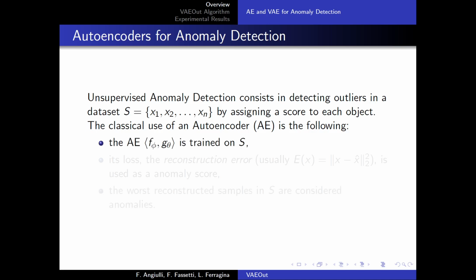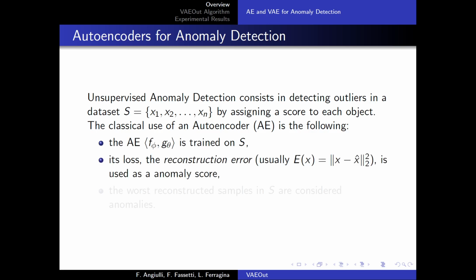First, the autoencoder is trained on S. Then its loss, the reconstruction error, is used as an anomaly score of the sample X. Usually, we use the mean square error as a reconstruction error. The idea is that we consider as anomalies the worst reconstructed samples in S, because since the inliers represent the majority of the data, the autoencoder is trained to better reconstruct them.